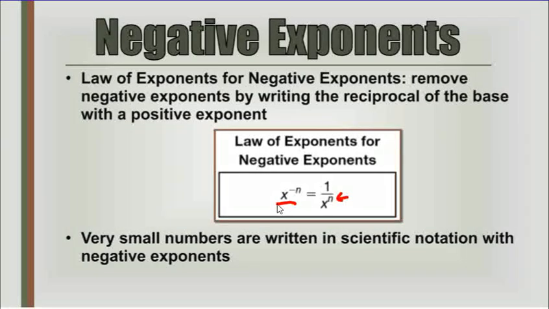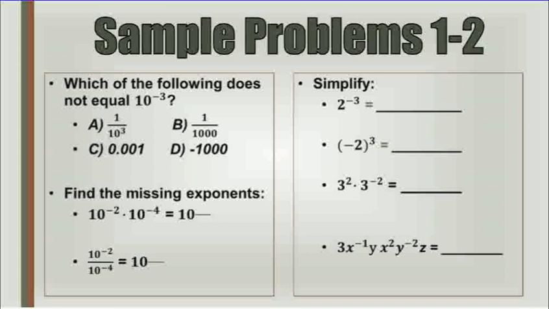Because remember, you cannot have a negative exponent in your answer. Very small numbers are written in scientific notation with negative exponents. The answer is still going to be positive, but it's got a negative exponent on it because it's a very, very small number. So let's take a look at some examples.